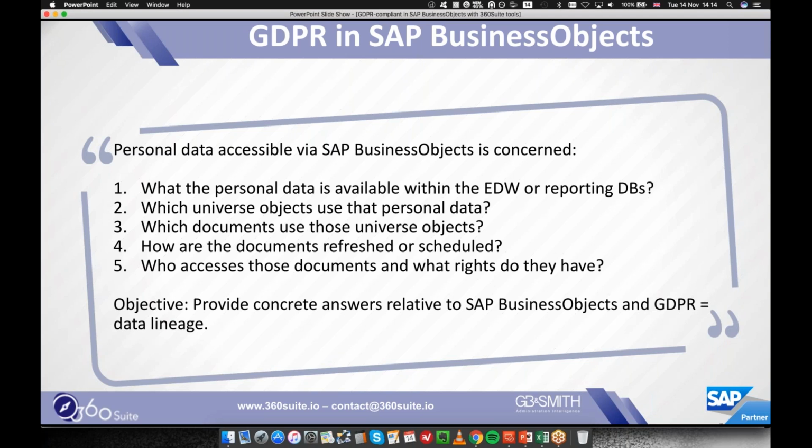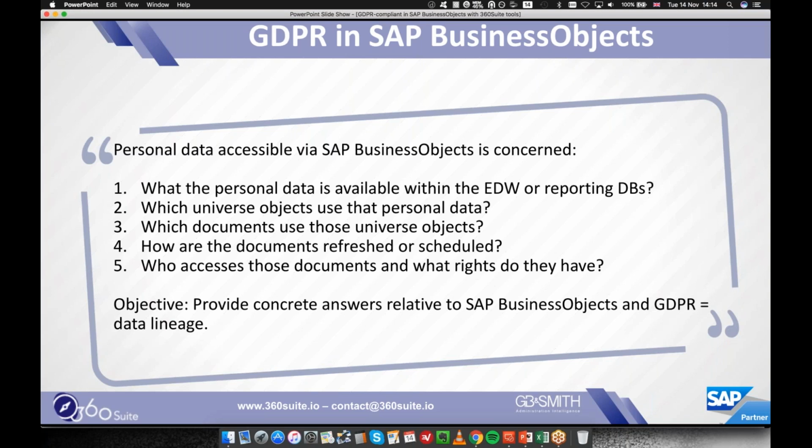So that needs to be clarified internally and to have a good understanding of all of those different reporting sources that contain personal data that is used by BusinessObjects. Secondly, universe objects. Which universe objects use that personal data? So we need to have that awareness as well.